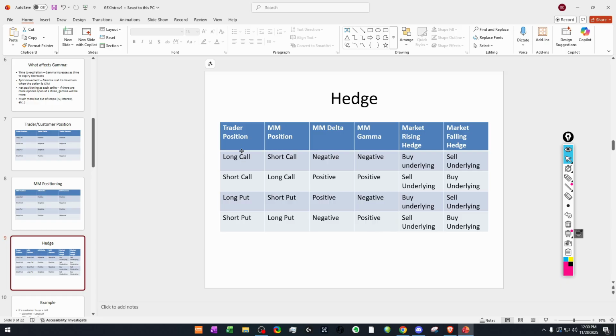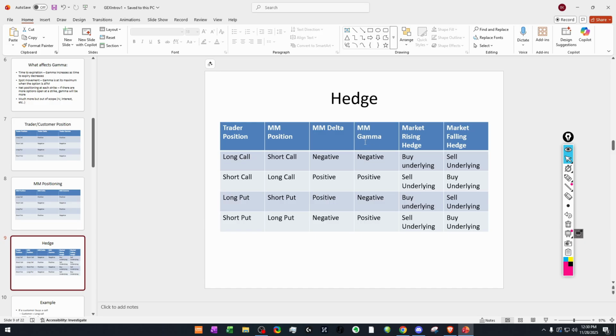So first one, if the trader buys a call, market maker sells them that call, so they are short that call. So the market maker has negative delta and negative gamma. And depending on if they have a negative or positive gamma position, they will hedge differently depending on if the market is rising or if it's falling.